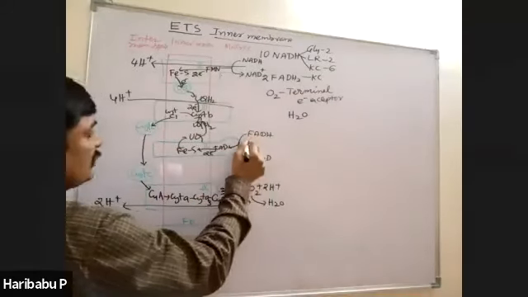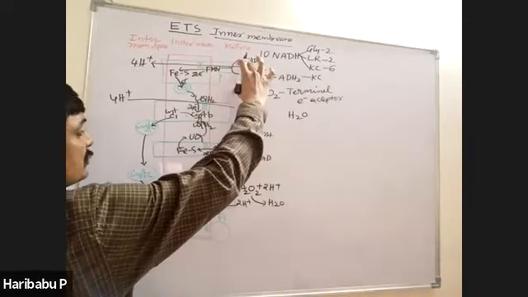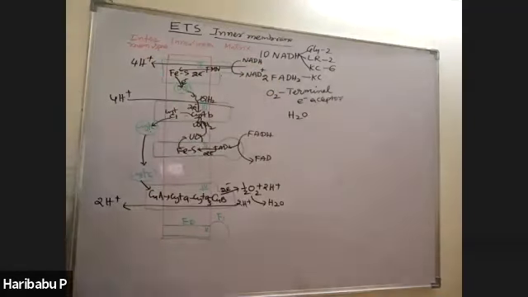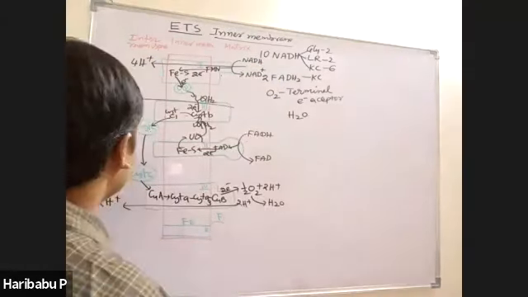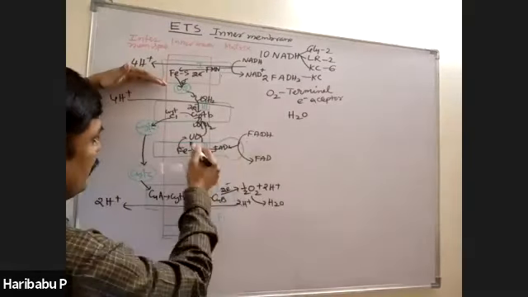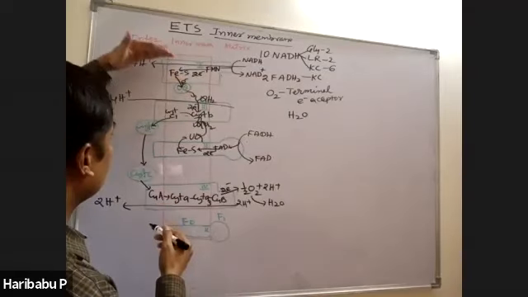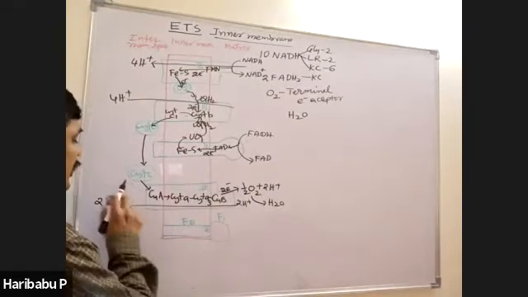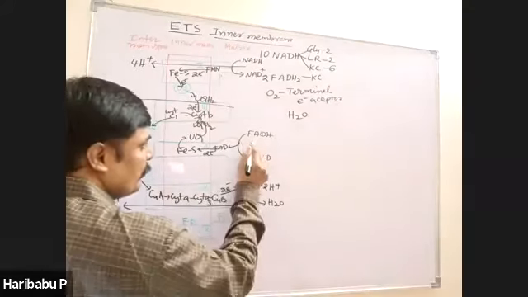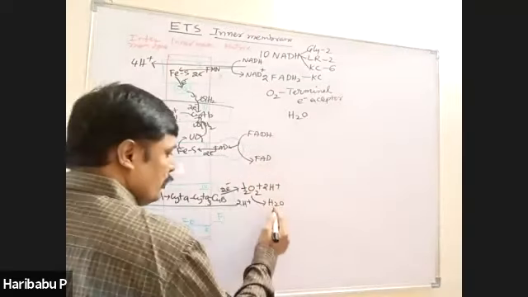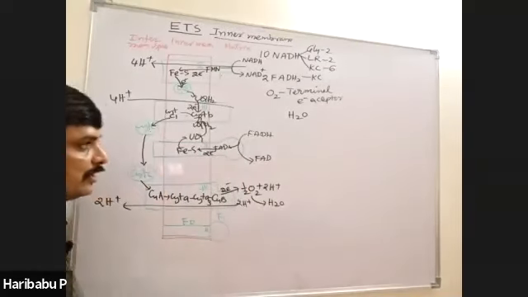Now they donate electrons onward, moving like this. But this misses the first complex. Therefore, the number of protons transferred decreases. The cycle moves like this only, so it bypasses the first complex, meaning only 6 protons are transported into the intermembrane space in the case of FADH2, and 2 water molecules are also generated.